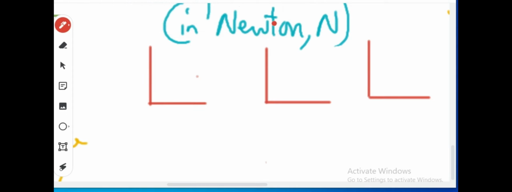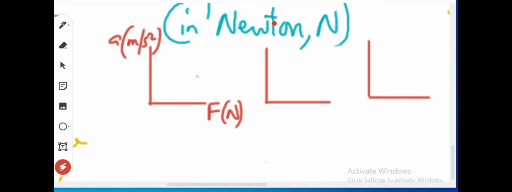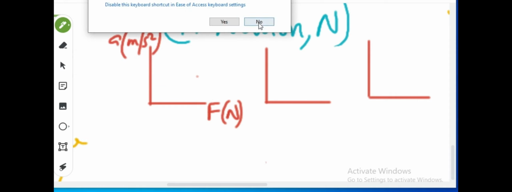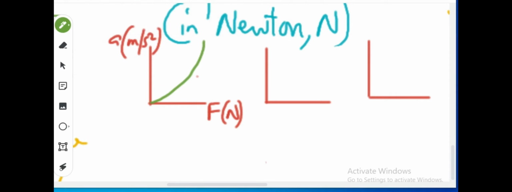Usually, because force is the independent variable, it is placed on the x-axis, and acceleration in meter per second squared on the y-axis. But it can be placed differently. The force can be on the y-axis, acceleration on the x-axis. But for the purpose of my illustration, I want to do it this way. Watch this.